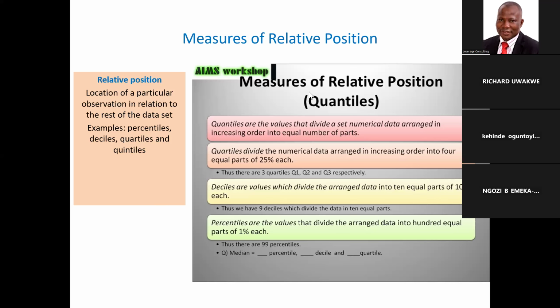And you see now, median is the one that divides into half, 50, 50. The line that divides it into 4, we call them quartile. And there are 3 lines. If you remember, I told you we have the bread. You have to first cut it in the middle. Then each of the halves you cut in the middle. So you have 3 places you cut it, then it gives you 4. So here now, let's say there are 100 people, and we have arranged them in ascending order. The one in number 50, that's the middle.